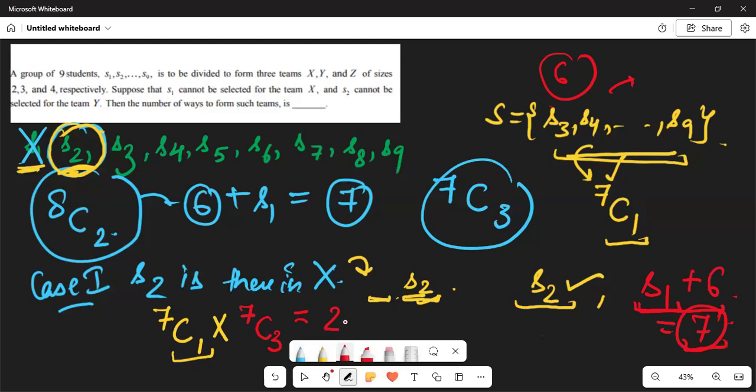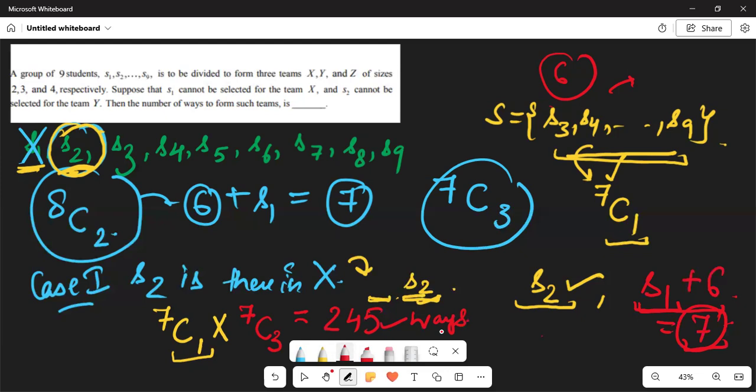You'll get 245 ways. So we have 245 ways in which this case can be dealt with.